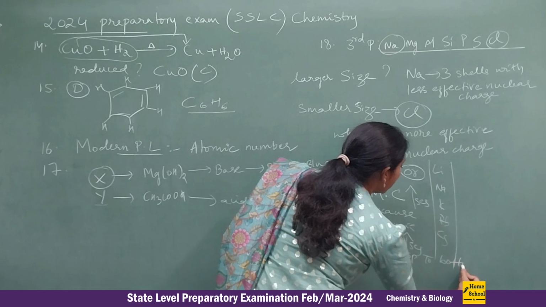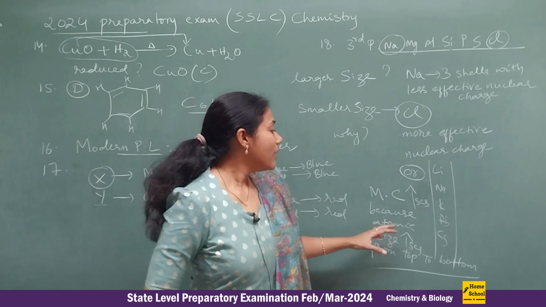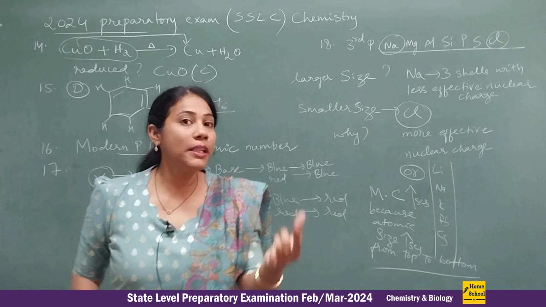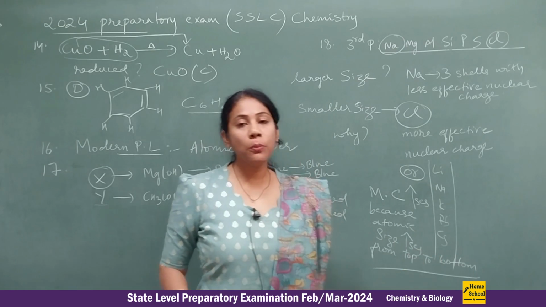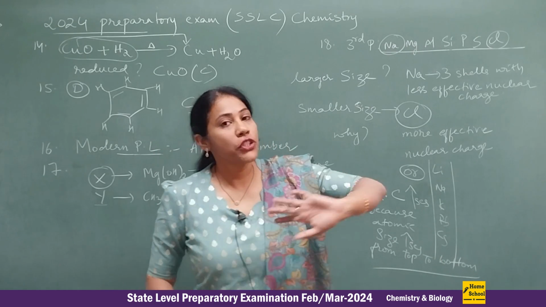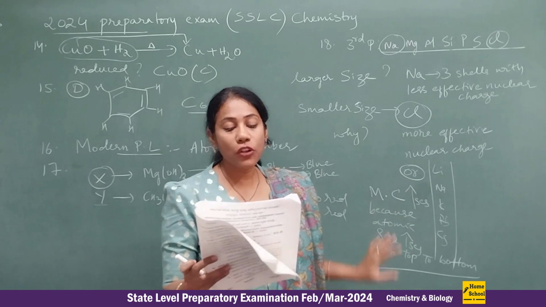So metallic character is directly proportional to atomic size. If atomic size increases from top to bottom, metallic nature also increases.